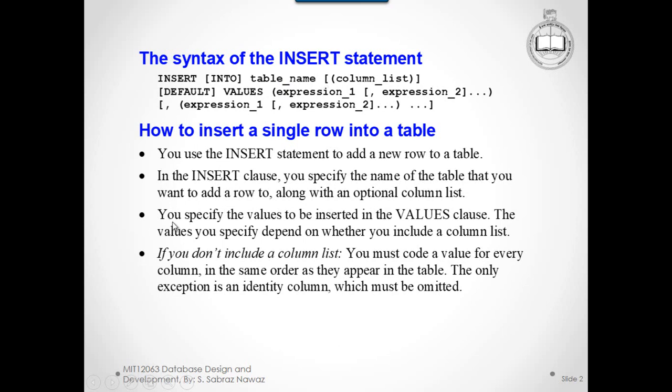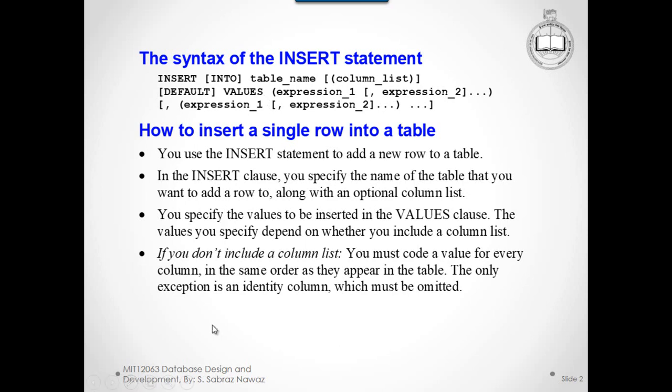You specify the values to be inserted in the value clause. The value clause specifies the actual values that are going to be inserted into a blank row. So once you use insert, it gets ready with the blank row, and the value list gives the actual values that are going to be put into the columns, right?